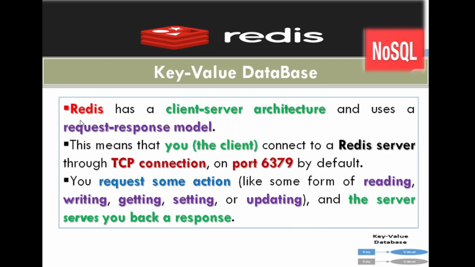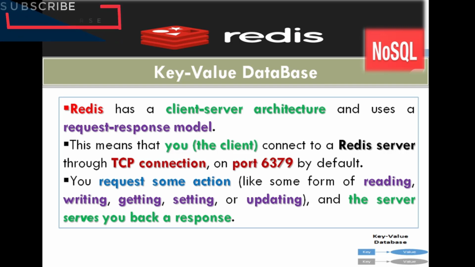Redis has a client server architecture and uses a request response model. This means that the client, or your application, connects to a Redis server through a TCP connection on port 6379 by default. You can change this port.